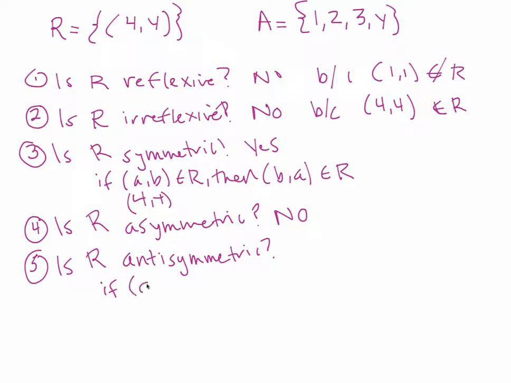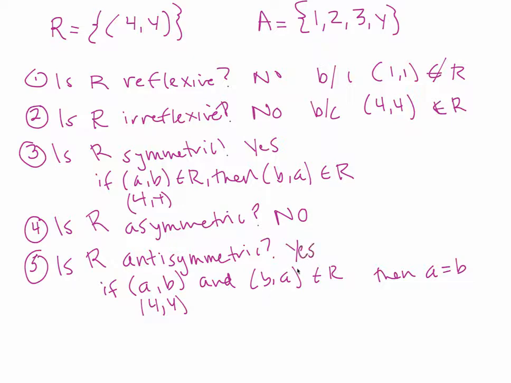It's if A, B and B, A are in R, then A equals B. Great, Tyler. So what are you saying? A equals A? Yes, awesome. So again, in this case, the only point we can have for A and B is 4 and 4. So when you reverse the order, both 4, 4 and 4, 4 are in the relation, and 4 equals 4, so yes. Again, another common mistake is that people think that if it's symmetric, it can't be anti-symmetric, but clearly it can.